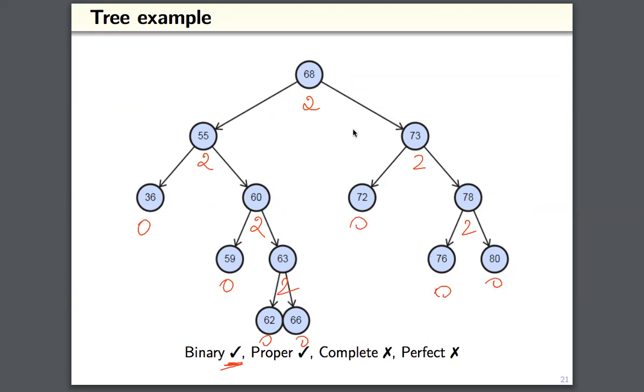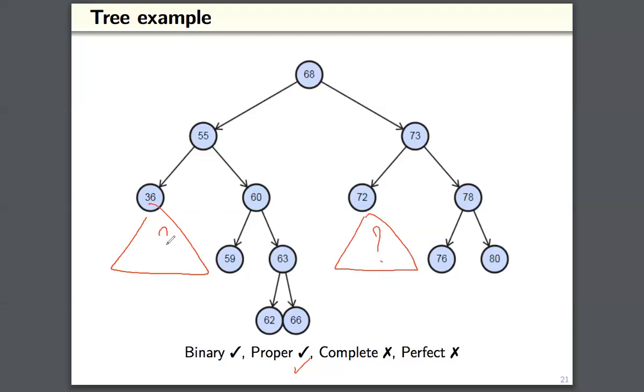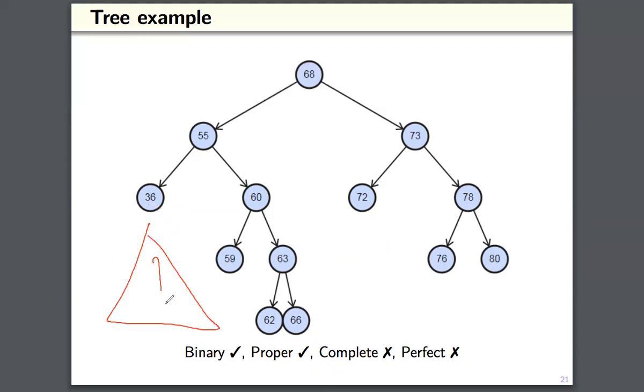So each node has either 0 or 2 child nodes, so it is a proper tree. What about complete? No, it's not complete. There are holes here, there are holes here, right? What about perfect tree? No, there are holes here. Make sense?